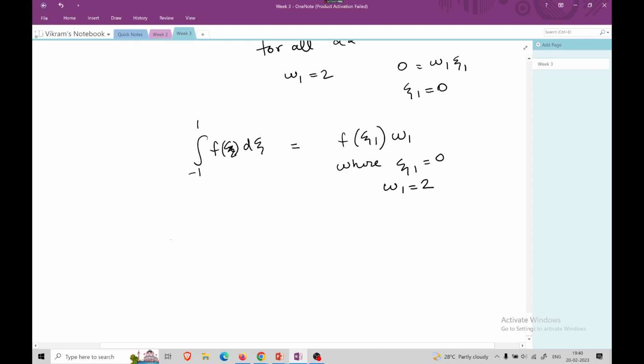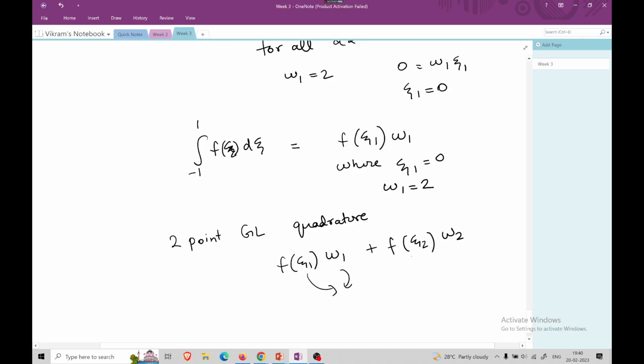So let us do the 2-point quadrature now, the 2-point Gauss Legendre quadrature. 2-point means you have f of eta 1 w1 plus f of eta 2 w2. In this we have 4 unknowns.